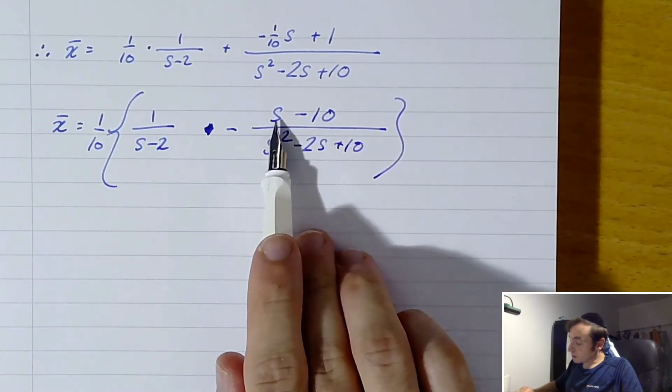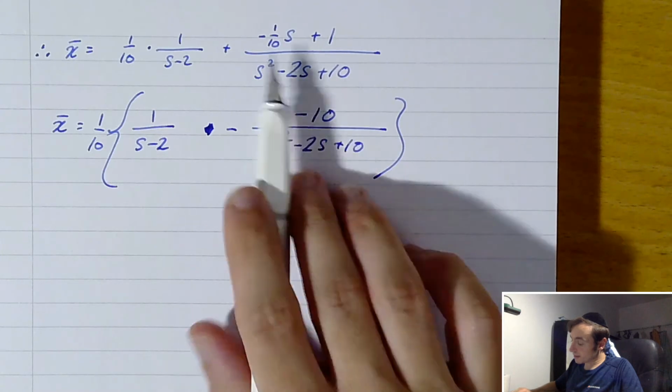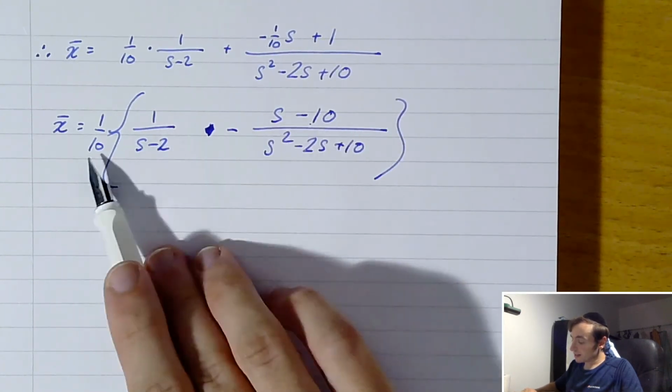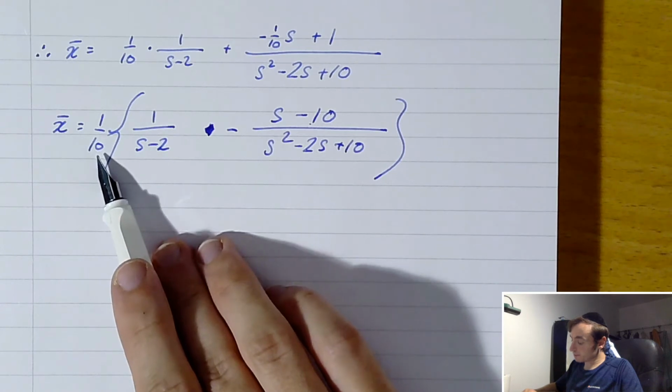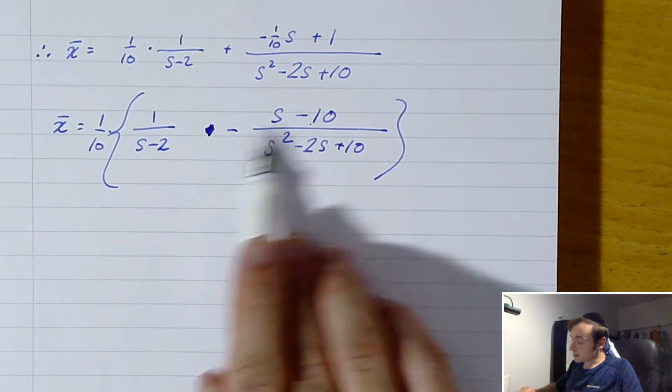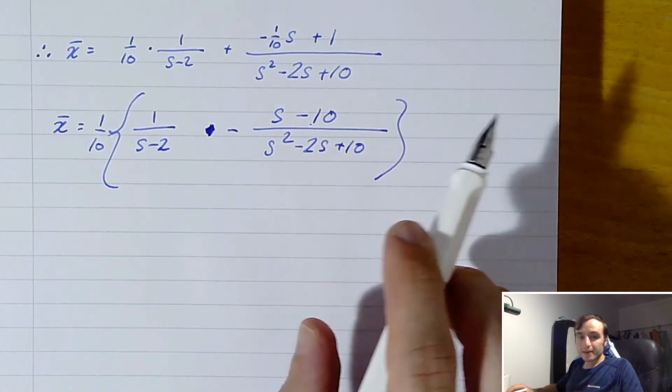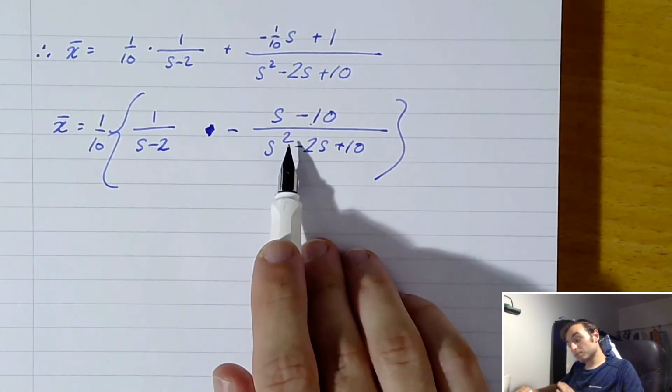If we multiply the minus s by 1/10, we end up with minus 1/10 s. And if we multiply minus 10 by 1/10, there's a double negative here, so that's going to be positive 1, which is what we have over here. So this is looking a little bit more friendly.